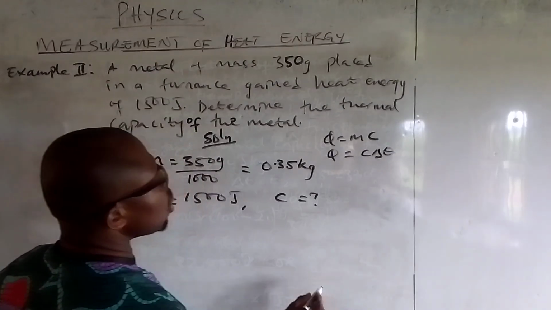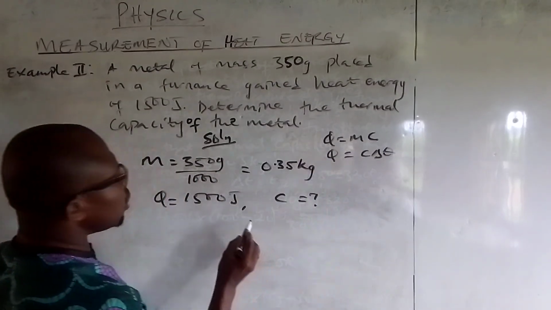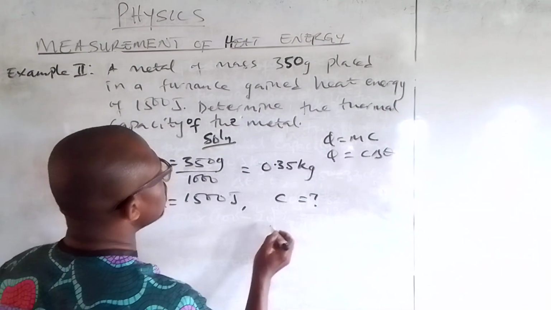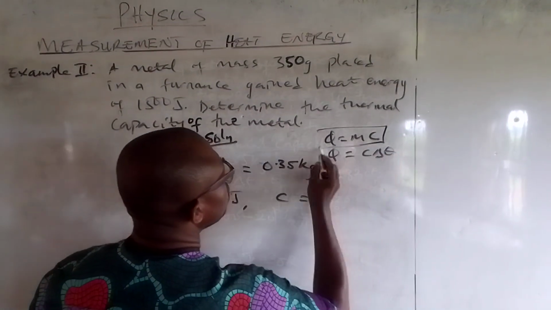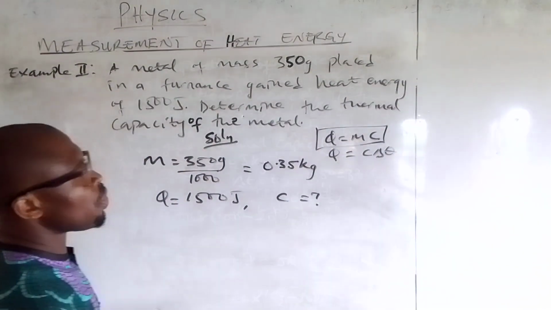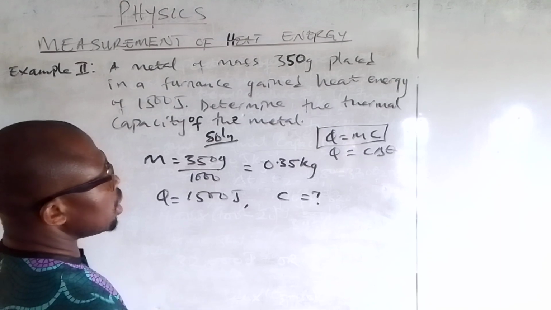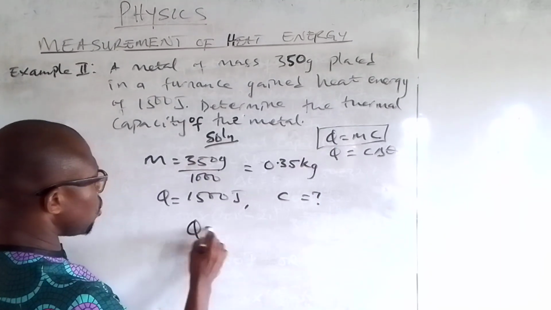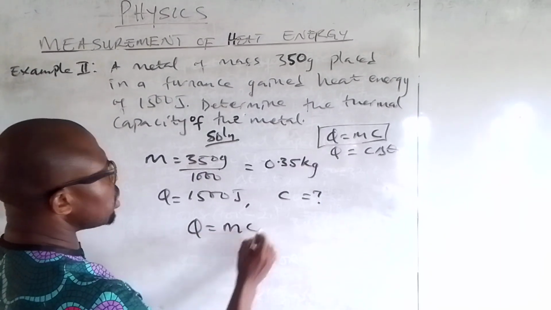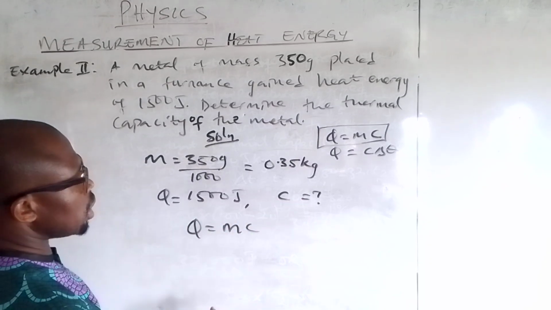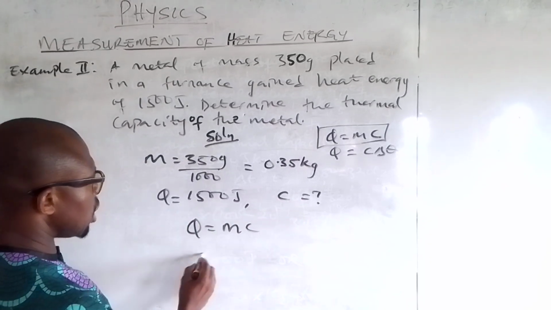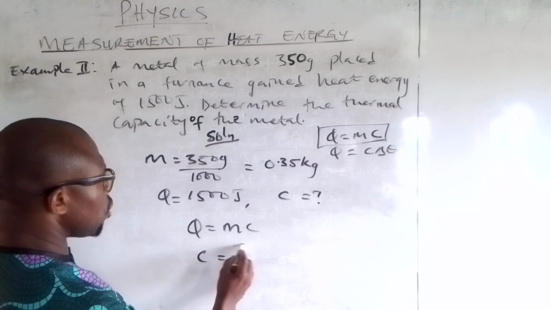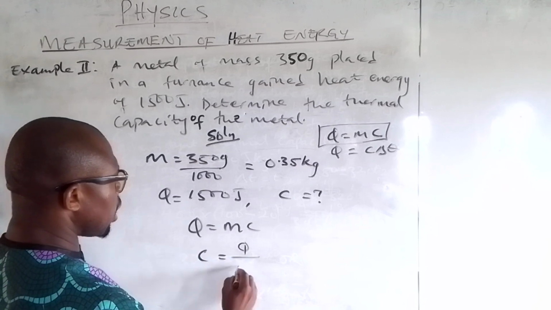And of course, the most suitable formula for this question is the first one, which is Q equals mc. We're looking for C. Make C the subject. C is equal to Q all over M.